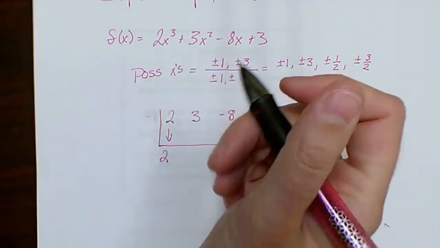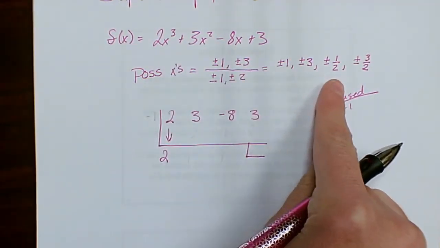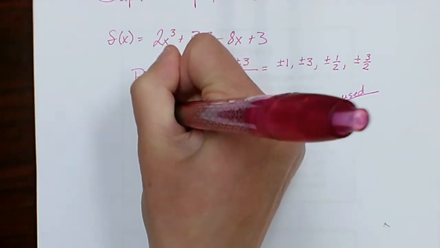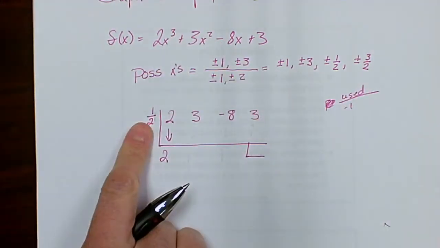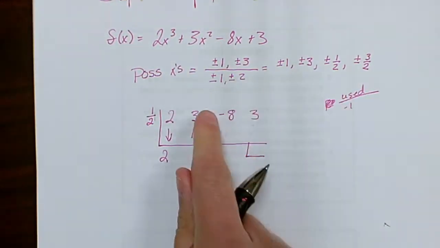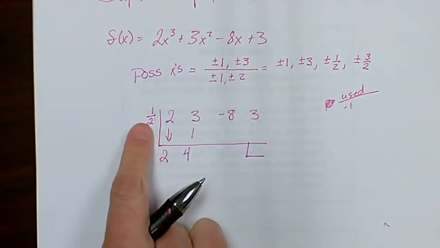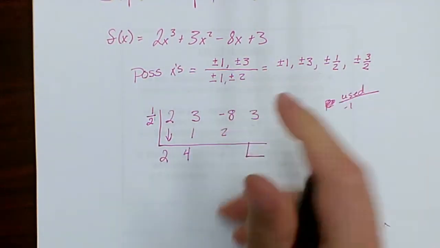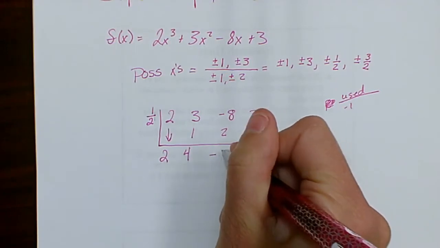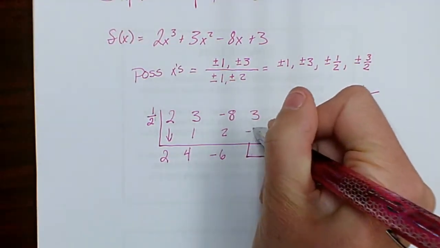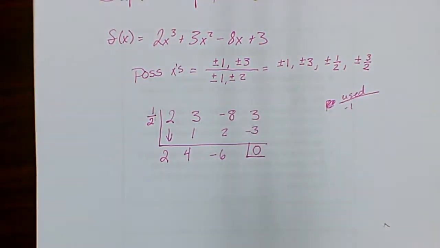Let's go ahead and I'll show you how to do a half. Okay, half of 2 is 1. 3 plus 1 is 4. Half of 4 is 2. What, negative 6. Half of negative 6 is negative 3, and we get 0.